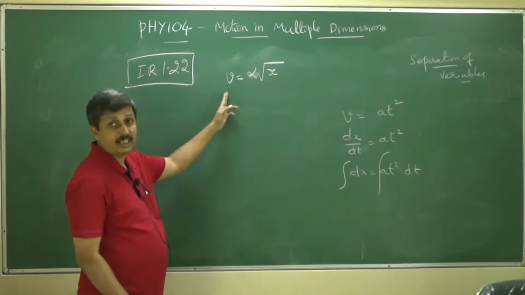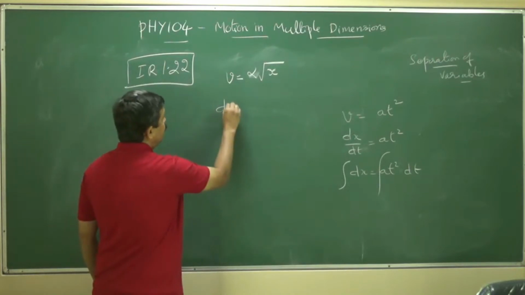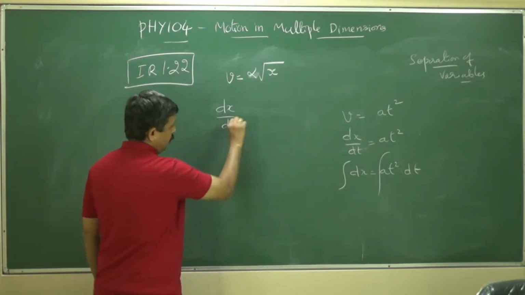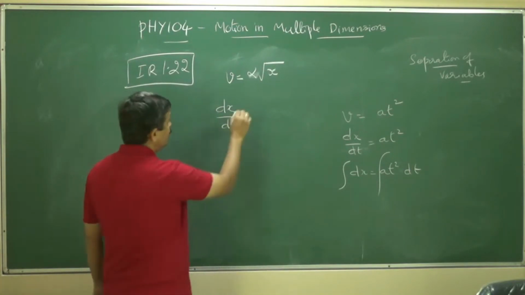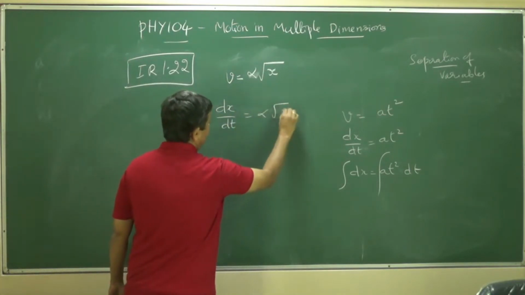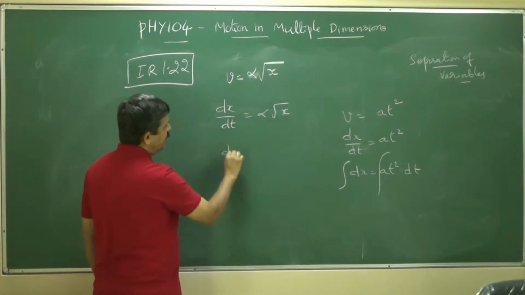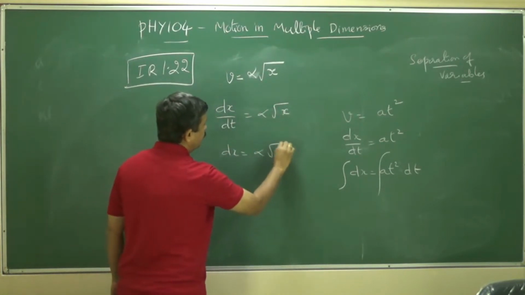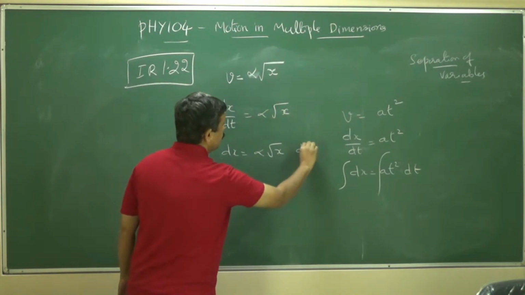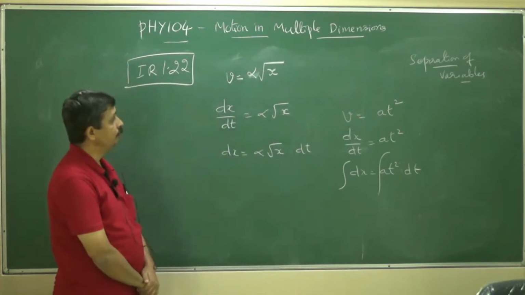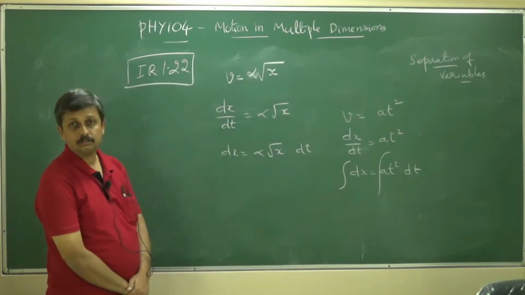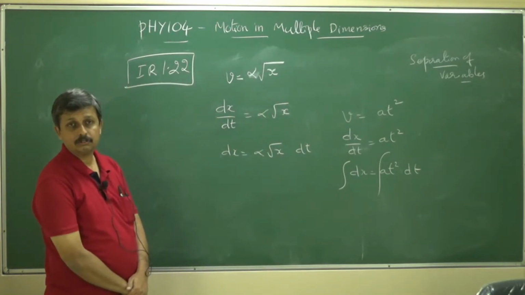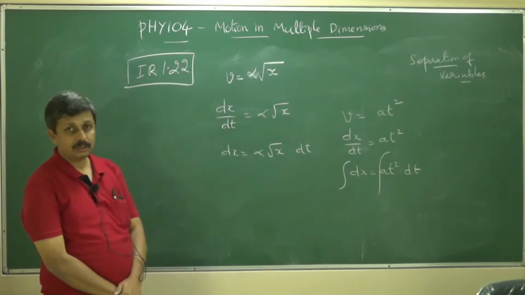But the moment we write, for example, dx by dt, our difficulty is alpha root x. If you go ahead and say dx is equal to alpha root x into dt, what is the problem now? How do we do this?